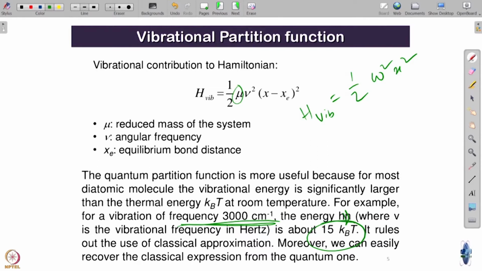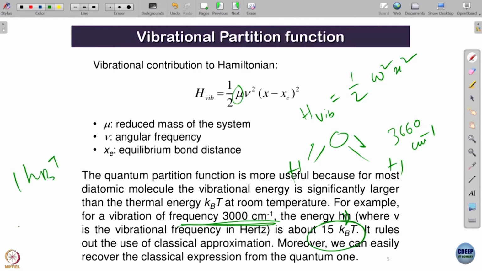In water, the OH symmetric vibration, where they move together symmetrically, is about 3600 centimeter inverse, and 1 kBT at 300 Kelvin is 206 centimeter inverse.